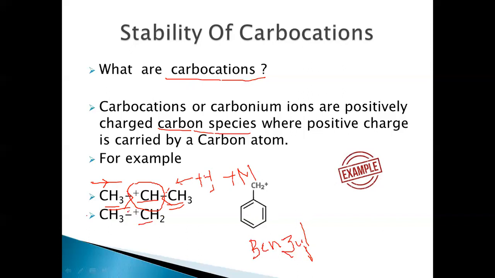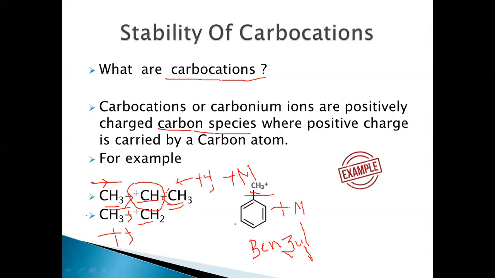If there is only one plus I effect group, the stability is less because the sharing of the positive charge is less. But when we come to this benzyl carbocation, the positive charge on this carbon is shared by this phenyl group, because a phenyl is a plus M effect group.